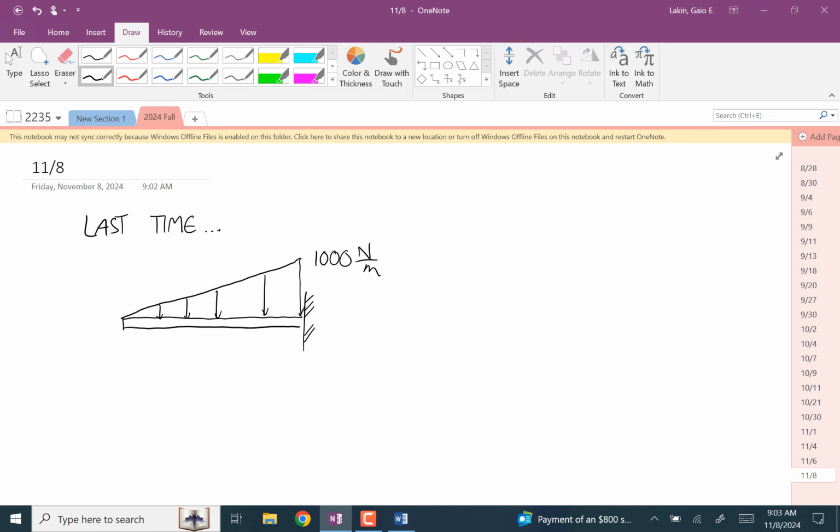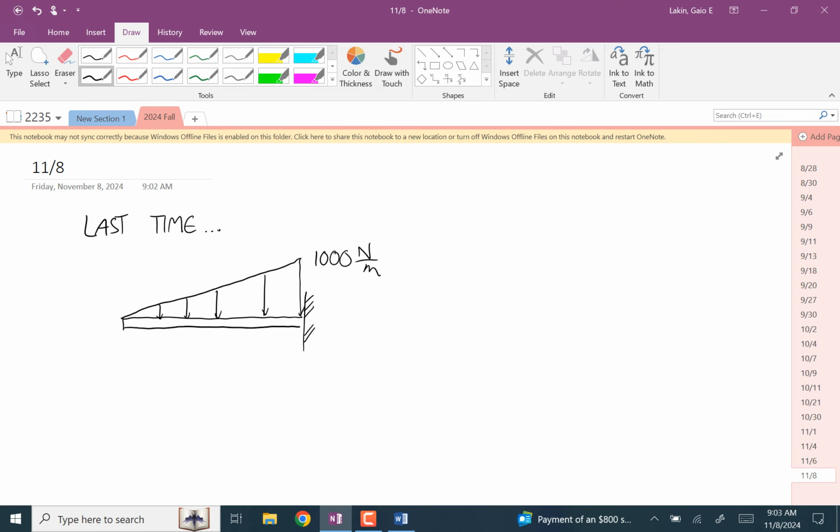The little wrinkle that came up then was, if you're cutting a piece like this, you still have a triangular distributed load on that piece, but it doesn't have a maximum value of 1,000. So the highest point of that right triangle, you have to express as a function of x.